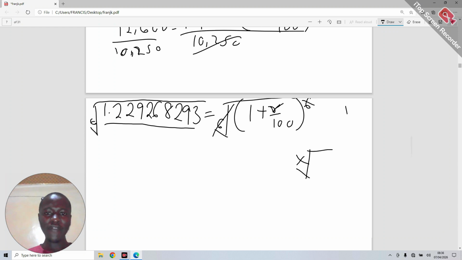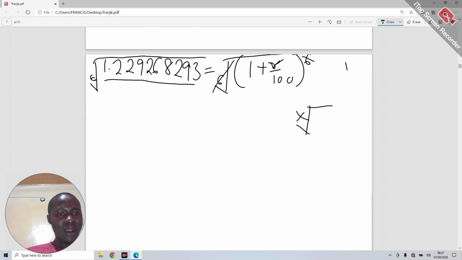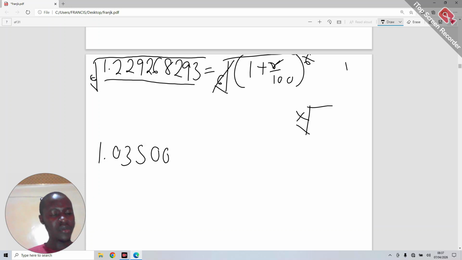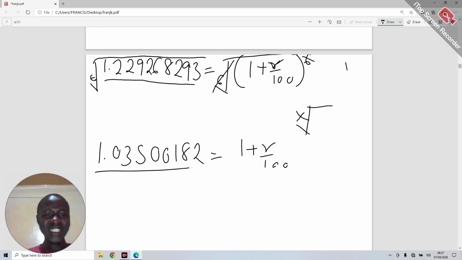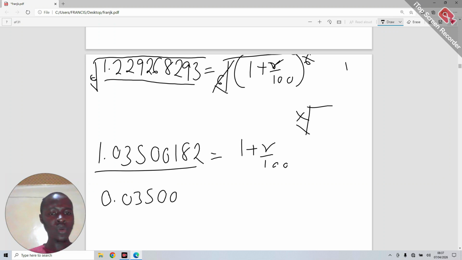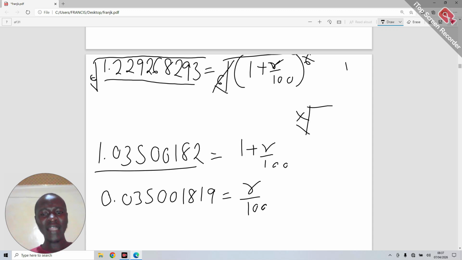If you press the whole of that, we shall have 1.035000182, which equals 1 plus r over 100. All right. So 1 crosses the other side, it becomes minus. So this answer minus 1, we are having 0.035001819 equal to r over 100.